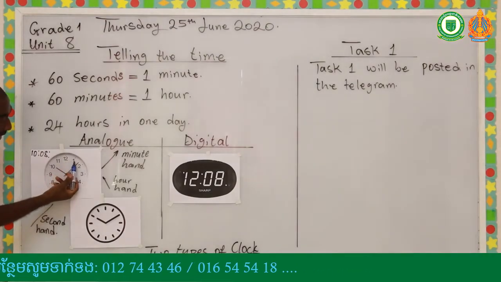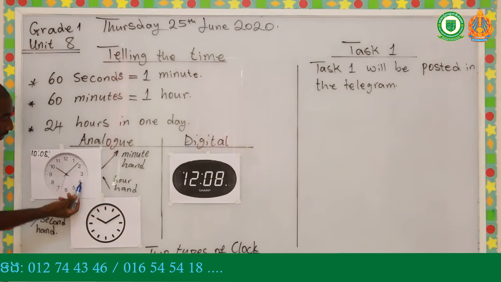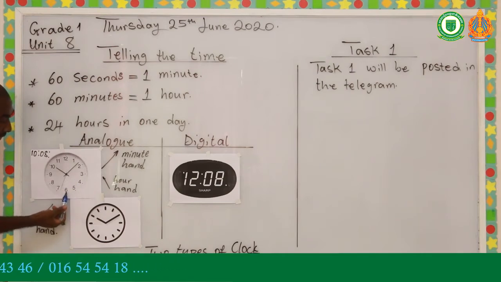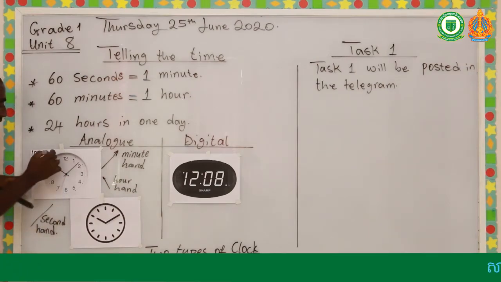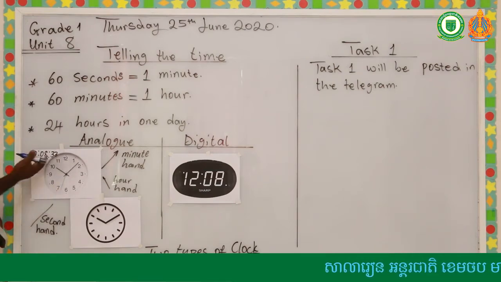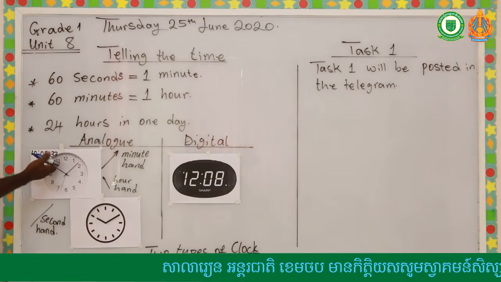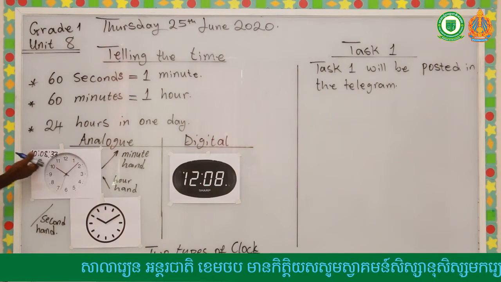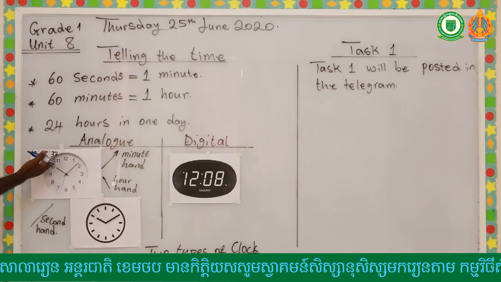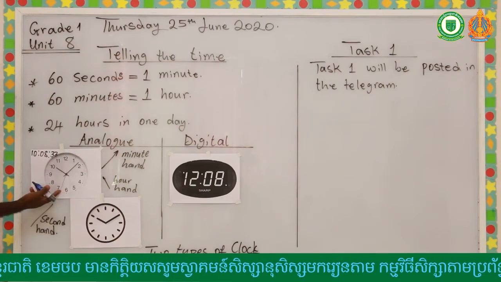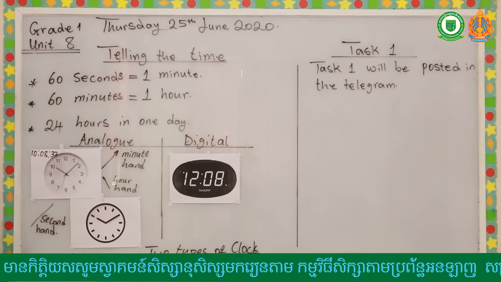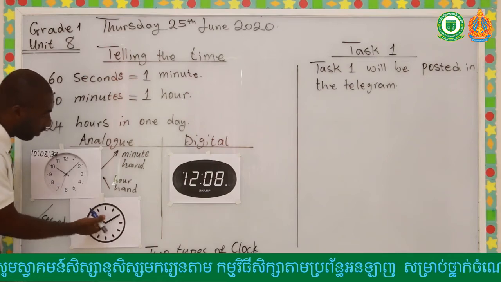From here to here is 5, 10, 15, 20, 25, 30, and then you count here: 1, 2, 3. That is your second. So the whole time is going to be 10:08:33. The 10 is the hour, the 8 is the minute, and the 33 is the seconds that you find over here. The same way applies to these clocks.